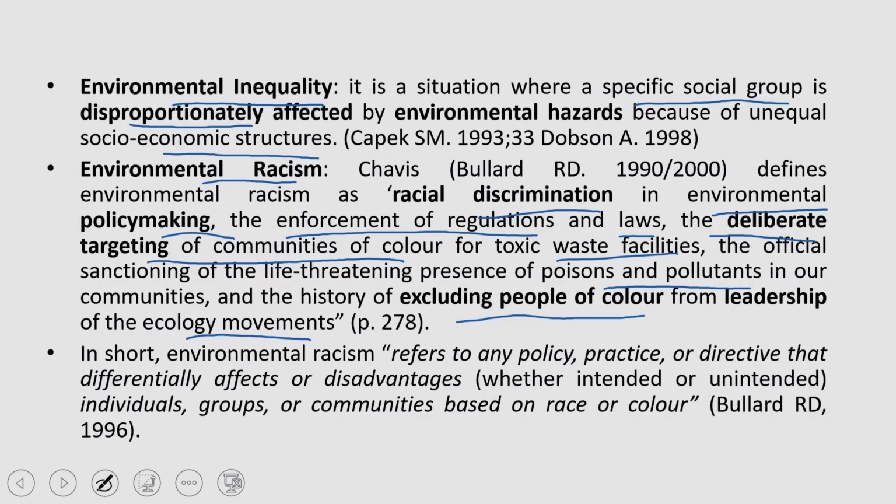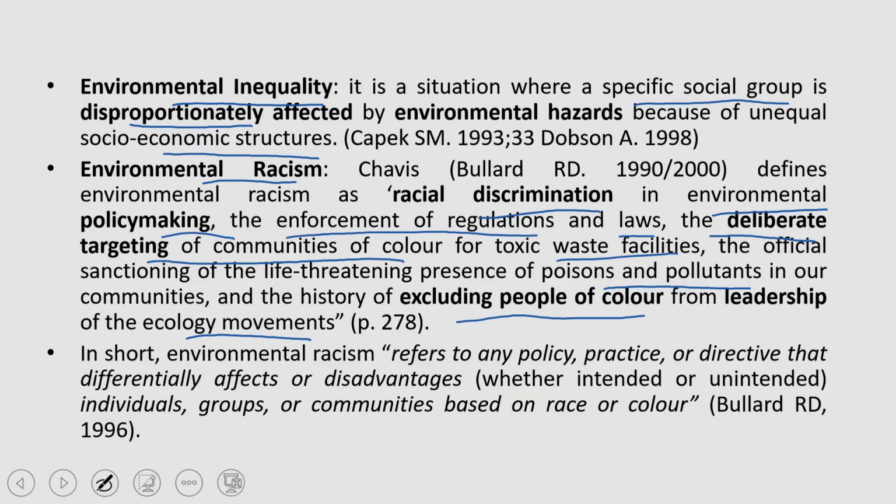Therefore, they say that exclusion of people of color from leadership of the ecology movement is also a case of environmental racism. So first, if there is racial discrimination in environmental policy making, if there is deliberate targeting of communities of color for toxic waste facilities, and if there is exclusion of people of color from leadership positions in the ecology movement, then all these, according to Chavis, constitute environmental racism. So this is a very broad definition given by Chavis.